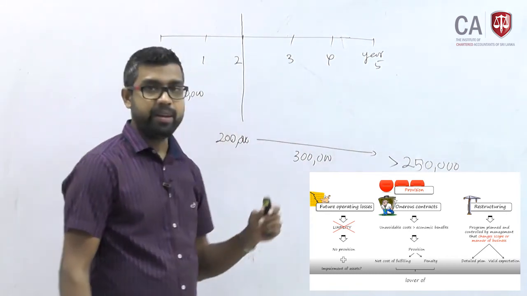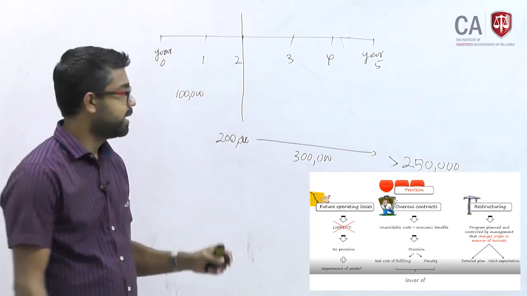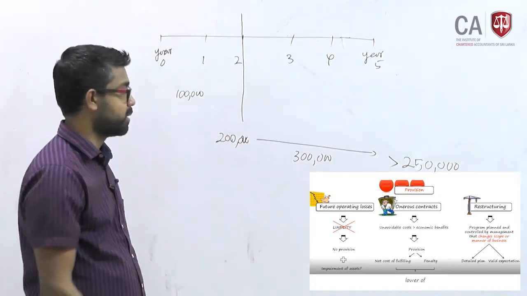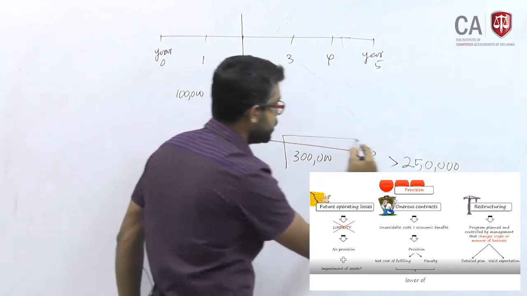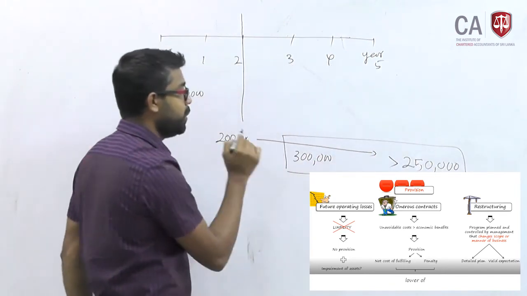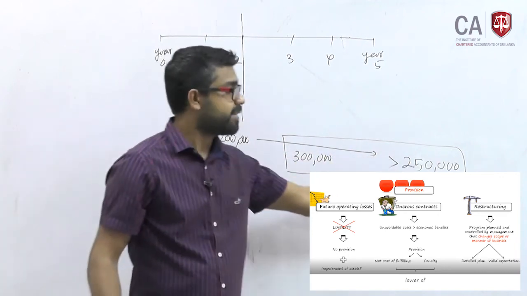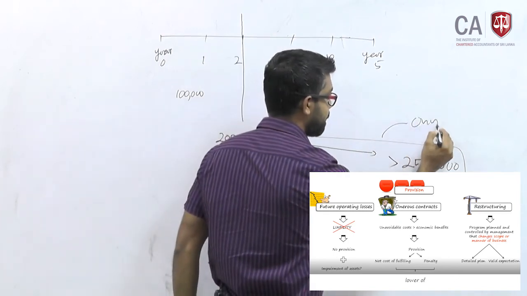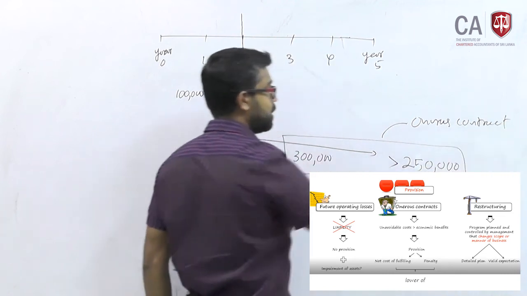From this building, the economic benefits you take are limited to 250,000 while you are paying 300,000. Unavoidable cost, you can't say you can't pay this money. You have to pay this 300,000, which is higher than the economic benefits. This is identified as an onerous contract.